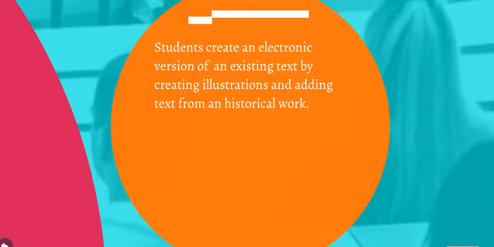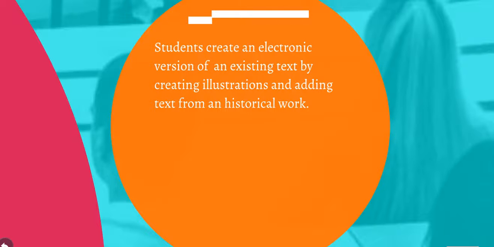In this activity, the students will create an electronic version of an existing historical work, and they will be able to take that text and create their own illustrations. And after they've created their illustrations, they can put them all together, and they will actually be able to add text from that historical work.